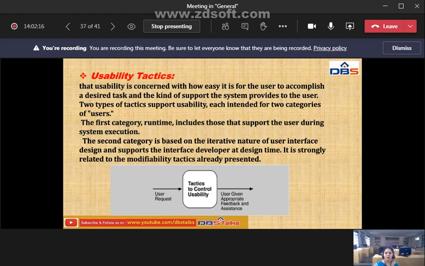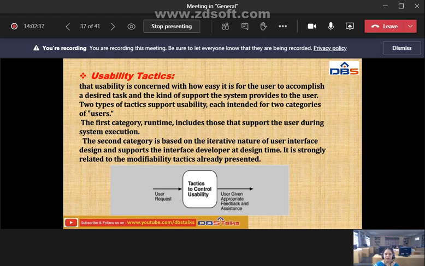How the user feels, how easy it is to accomplish a particular task, and how the system is providing good support to the particular user. Two types of tactics support usability, each intended for two categories of users.